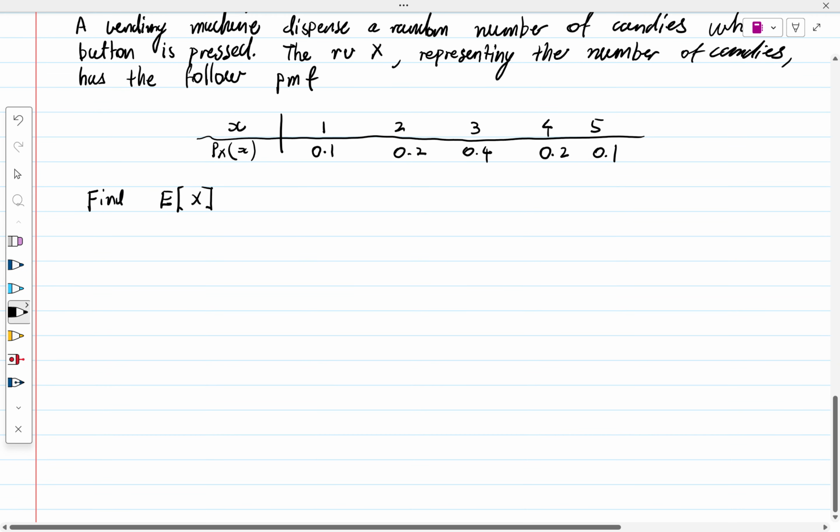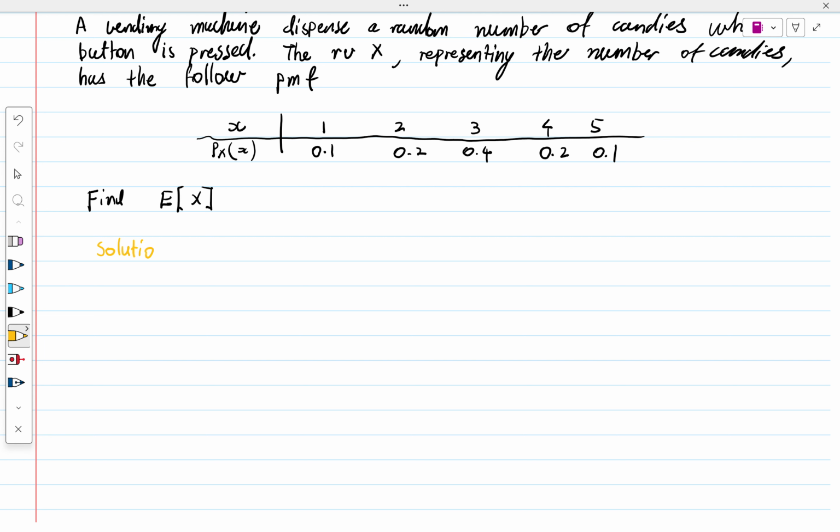All right. Well, in this example here, we can take a look at the solution to this problem. And very easily, we're going to use the definition that we derived in part 1.